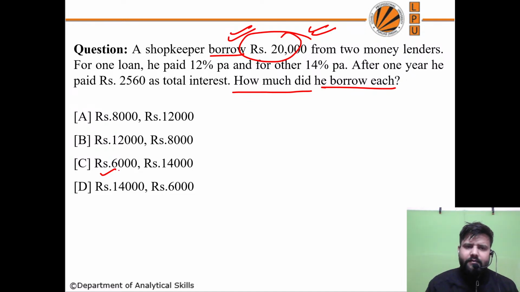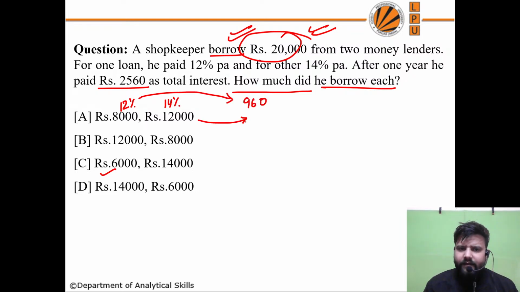Now we'll calculate the interest option by option, and if the addition of both interests gives you 2560, that will become our answer for the question. So let's take the first option, 12% over it and 14% over it. 12% of it is 960, and 14% of it would be something around 1680.